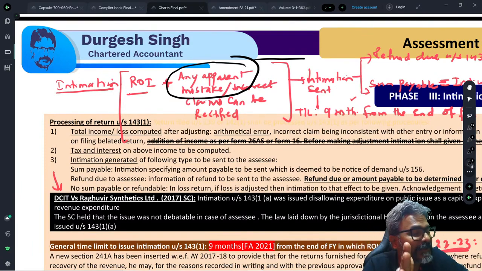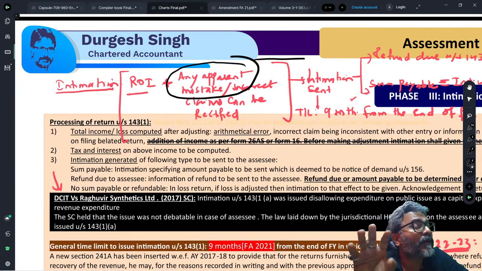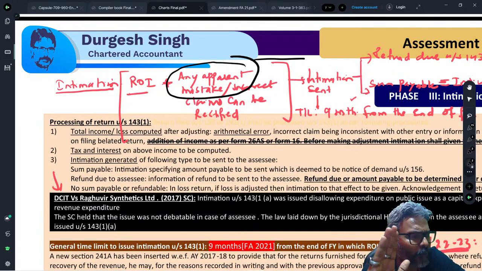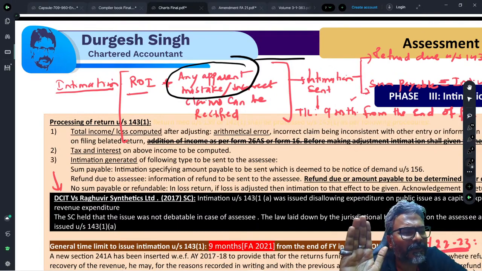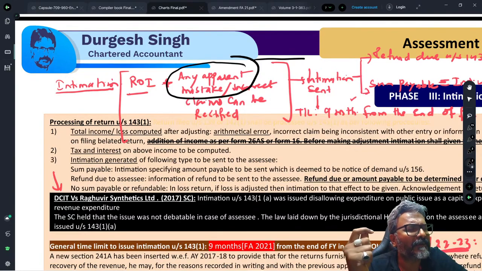So students, what happened in this particular case was that the assessee was an assessee of Gujarat, and while filing the return of income, he overlooked an earlier judgment of the Gujarat High Court on a similar issue, and accordingly he filed the return of income.